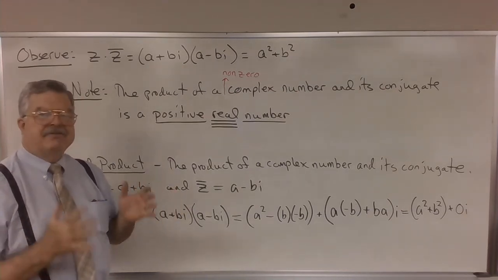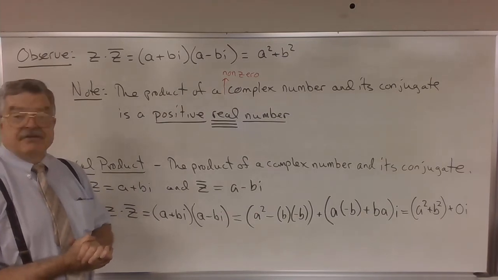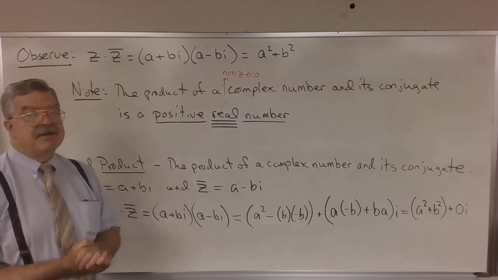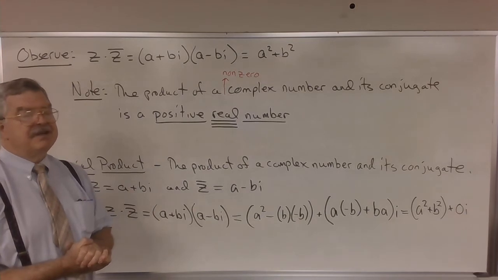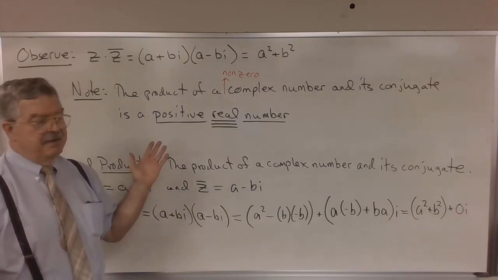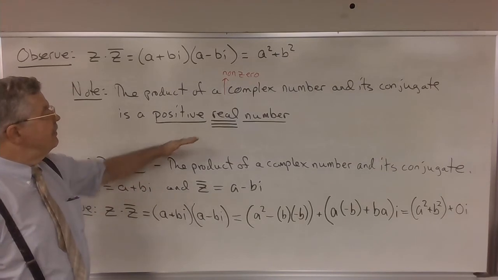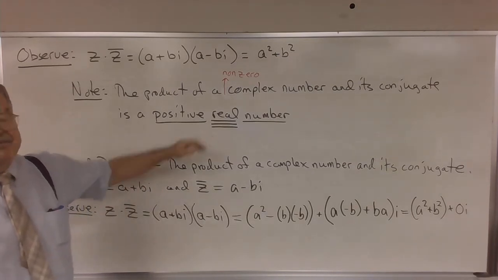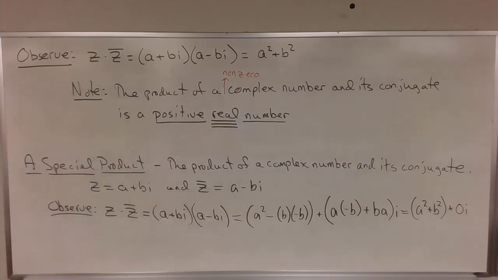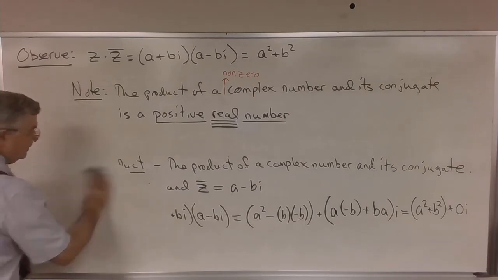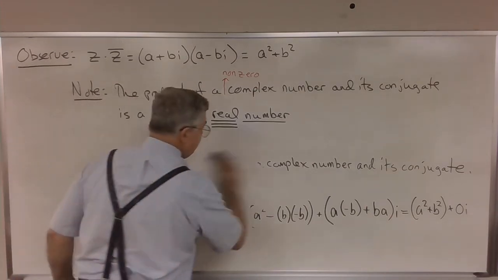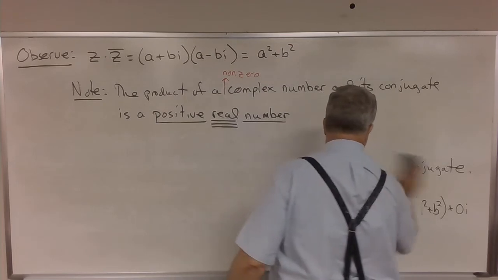There's no imaginary term. Just like if we take a radical pair and multiply it by its radical conjugate, the radicals disappear. This is going to be immensely important. And let's see, how soon are we going to see this? Well, I guess we're going to do a couple of examples first. And then we're going to see why this is important.